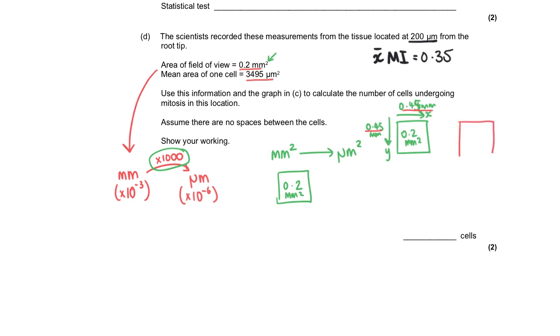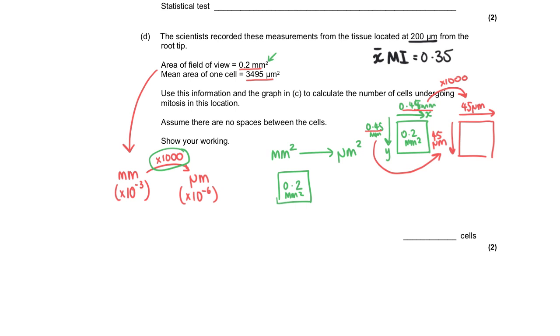So now on this x-axis, or the x direction, my 0.45 millimeters becomes 45 micrometers. So I've scaled the x direction by a factor of 1,000, and I'm going to do the same to the y. So this again becomes 45 micrometers.